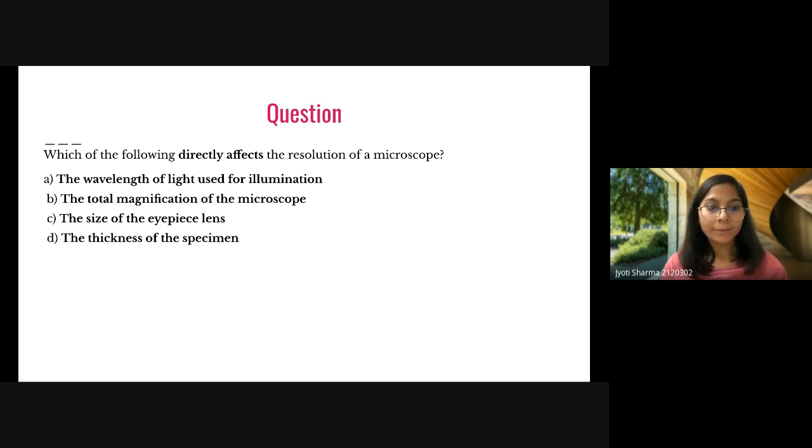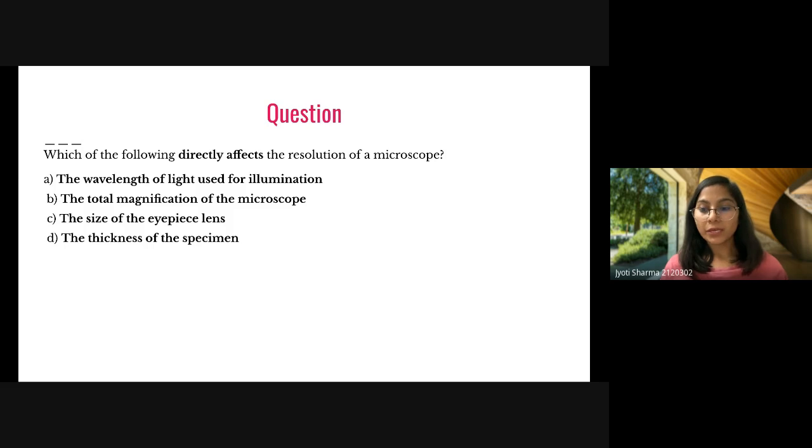Okay, which of the following directly affects the resolution of a microscope? We have four options: the wavelength of light used for illumination, the total magnification of the microscope, the size of the eyepiece lens, and the thickness of the specimen.